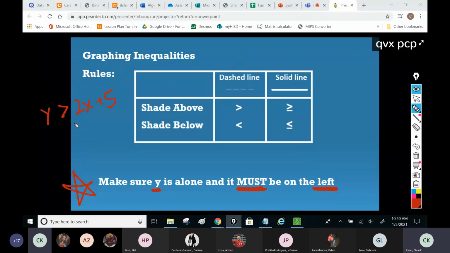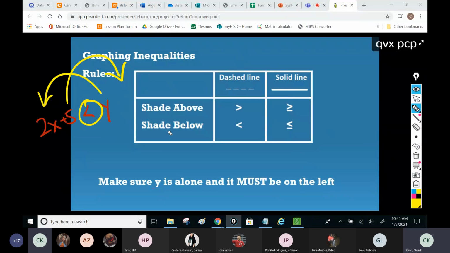So what if y is not on the left? Let's just say you have something like this, all right? If the y is on the right, you are going to have to flip the whole thing, and also flip the symbol.